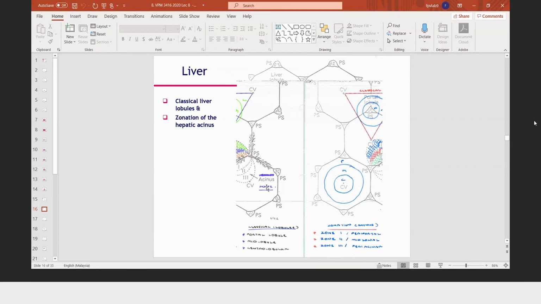As a result, in terms of blood circulation, in zone 1, zone 2, and zone 3, zone 1 has higher blood supply compared with zone 3. So when you look at the hepatic lobule or parenchyma, the supply of blood is not like this anymore, but there is more supply of blood in zone 1, then zone 2, and zone 3.